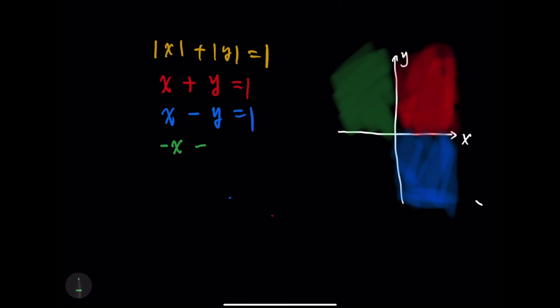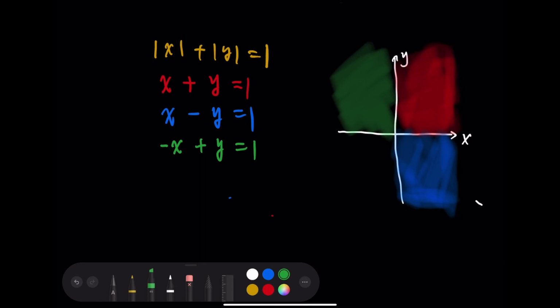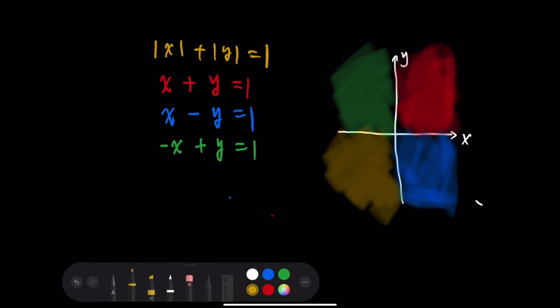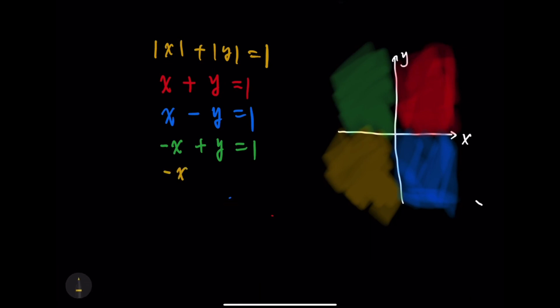And y positive, so the absolute value of y is just positive y, equals 1. All right, there's one more piece to go. The last piece is when both x and y are negative. So it's going to be here. And then my function becomes negative x, negative y equals 1.